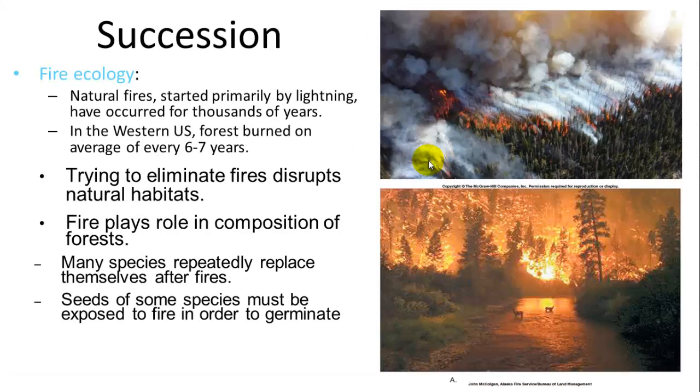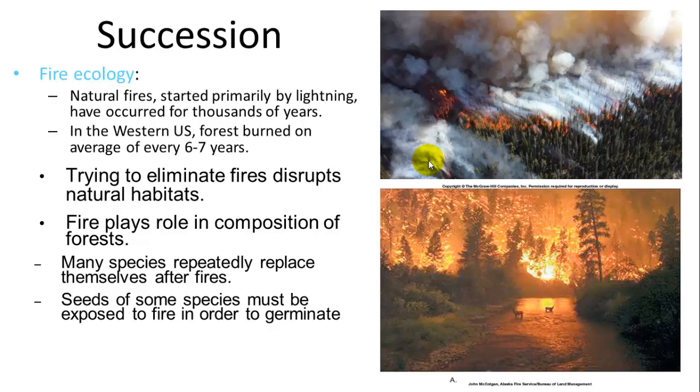Fires are a natural occurrence of events which happens in many forests, which is a disturbance which starts the succession all over again. Humans have changed the fire regime to where now they don't occur as frequently, and when they do occur, they are more intense. And if they're too intense, they can disturb things too intensely.